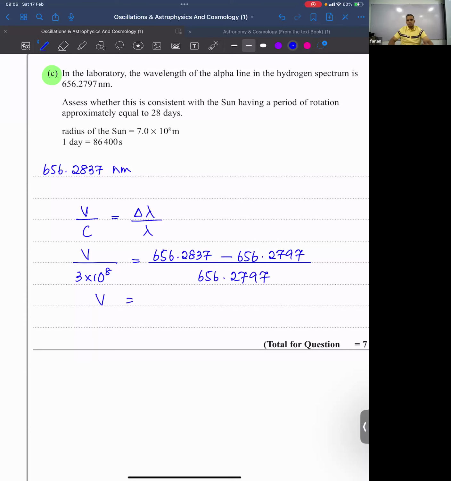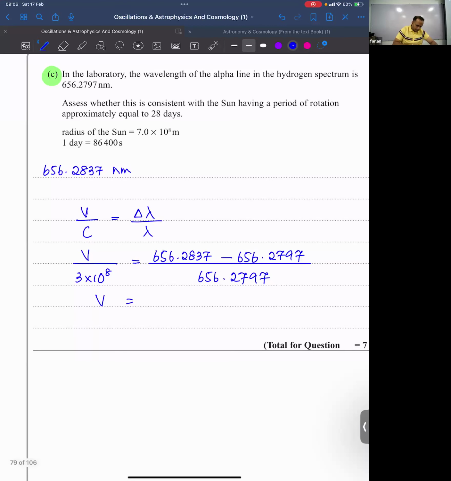This will tell you at which speed point B is moving on the sun, which is 1828.5 meters per second.